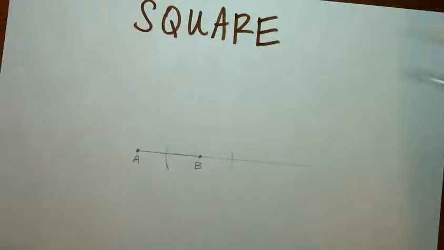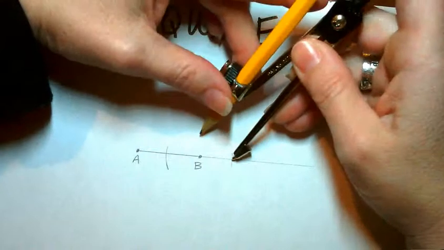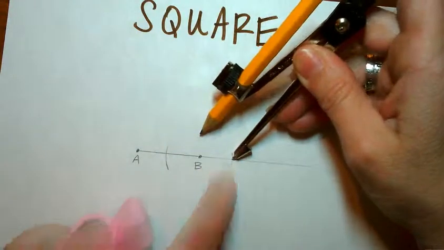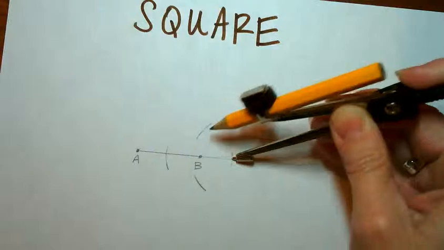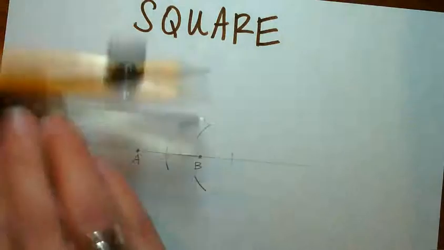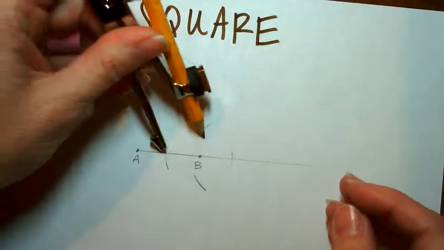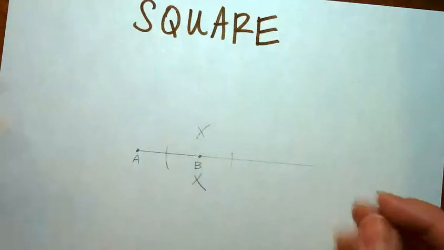Now, from this arc, I'm going to make the compass a little bit larger to make sure I intersect the 2 arcs. I'm going to start at this piece, make a mark above and a mark below. With the compass at the same setting, I'm going to go to this side and make a mark above and a mark below.